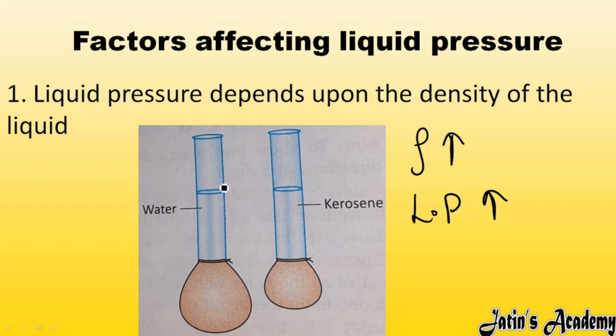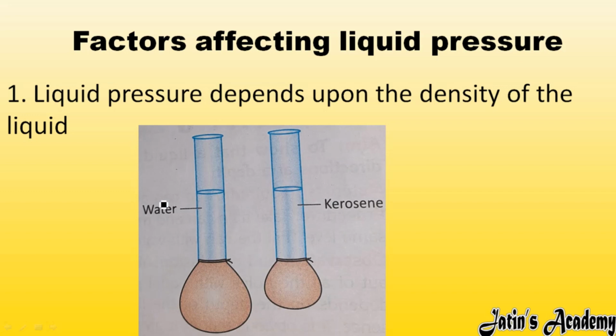Here you can take the example of water and kerosene. You might know that water has more density compared to kerosene. Here I am going to do one activity. In this container there is water, in this container there is kerosene, and at the bottom I am going to tie a balloon to both containers.